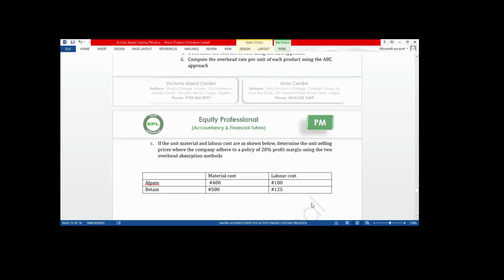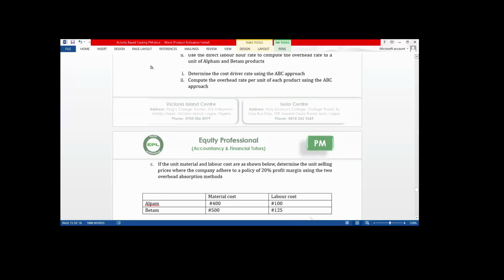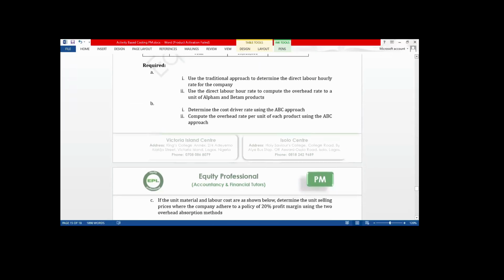Let us assume that we have requirement C included in the previous question we solved.